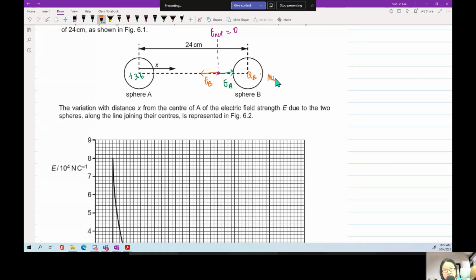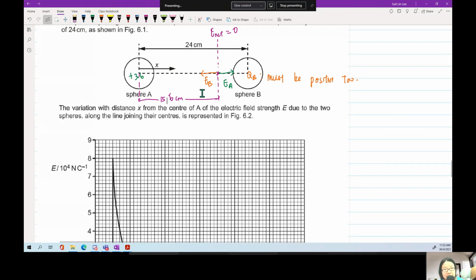So QB must be positive, because the net electric field is 0. If this is positive and pushing out and away, then QB also must be positive to push out and away in the opposite direction, such that at this point, 15.6, which I'll check later, the net electric field is 0.